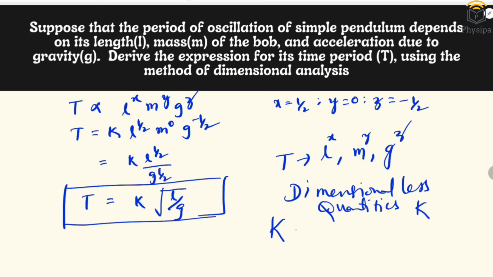Actually, k is equal to 2 pi. This cannot be derived from the dimensional analysis. So finally we get the expression t is equal to 2 pi square root of L by g.